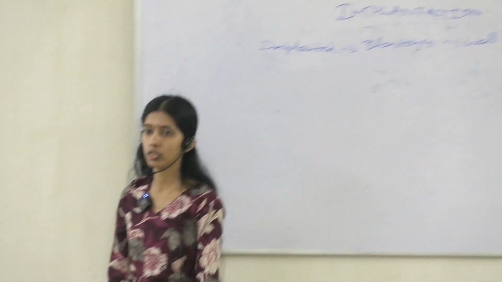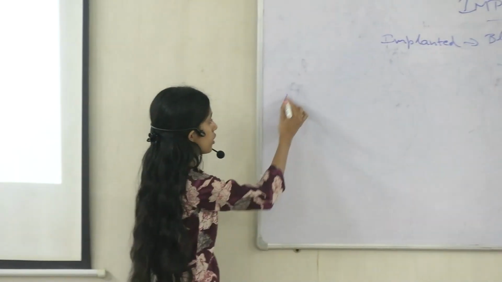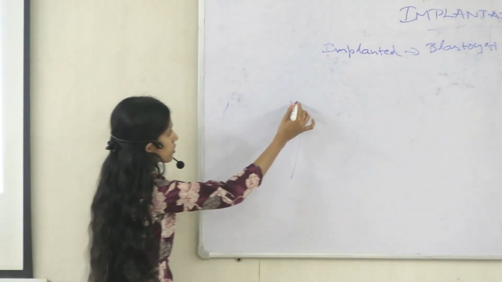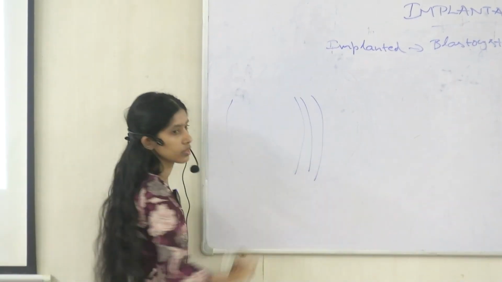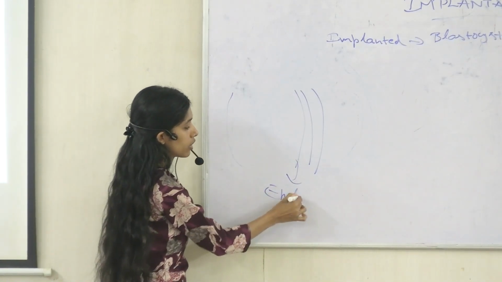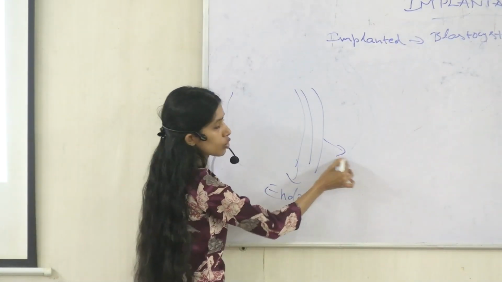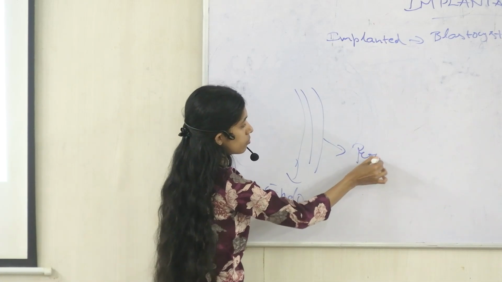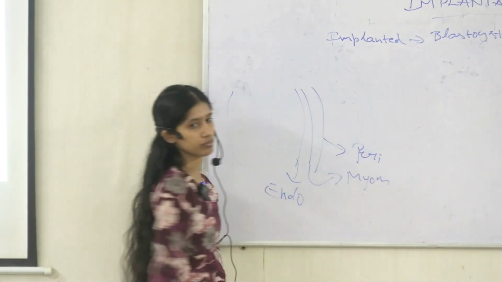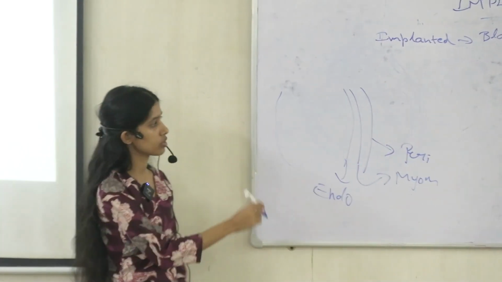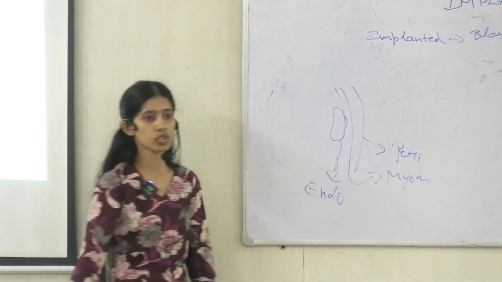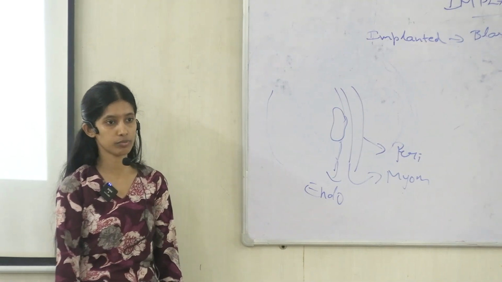Remember, your uterine wall has 3 layers. The innermost one is called endometrium, the outer one is called perimetrium, and the middle one is called myometrium. So the blastocyst will come and get implanted into the innermost layer, that is endometrium.